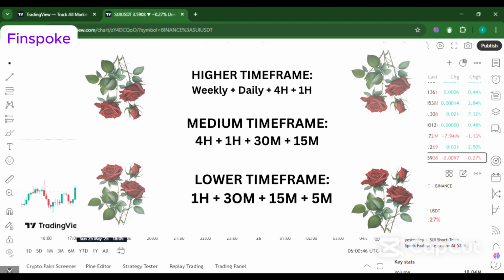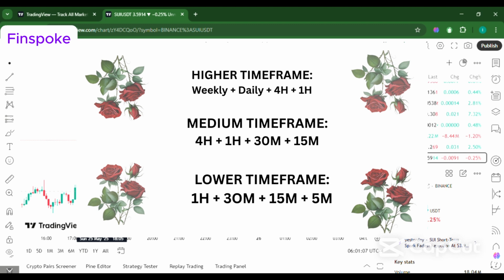Then the second segment is the medium time frame, and is mostly for day traders, where they start from 4 hours down to 1 hour to 30 minutes to 15 minutes. Mostly for day traders.